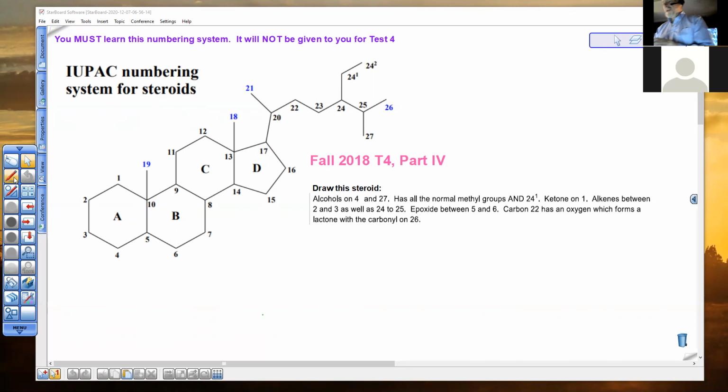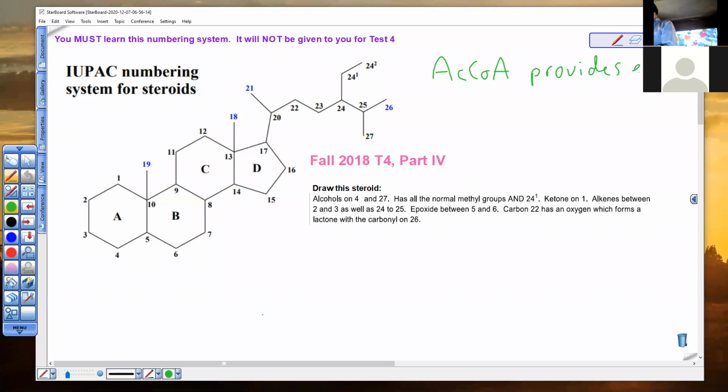So acetyl-CoA provides every carbon of every type of lipid, and it uses the acetyl group.